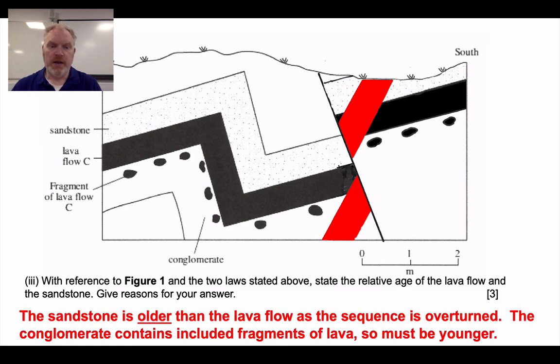Therefore, the sandstone must be older than the lava flow. This sequence is upside down. And we can tell that because there are included fragments of the lava beneath the lava flow. Now that can't happen. That lava flow had to exist before that conglomerate was laid down. So the conglomerate must be younger than the lava flow, which must be younger than the sandstone.